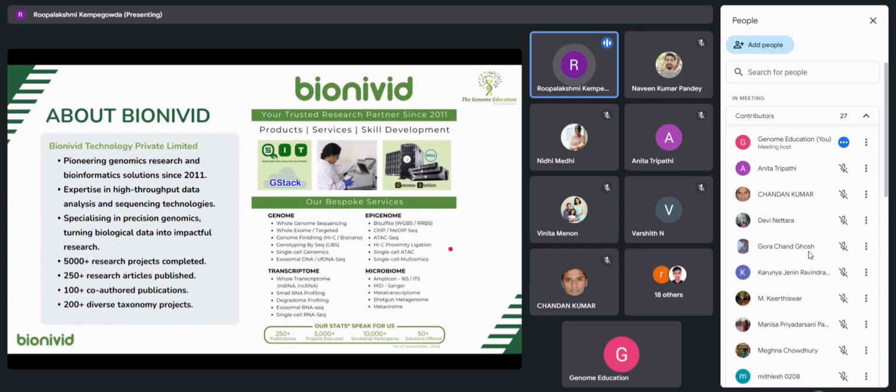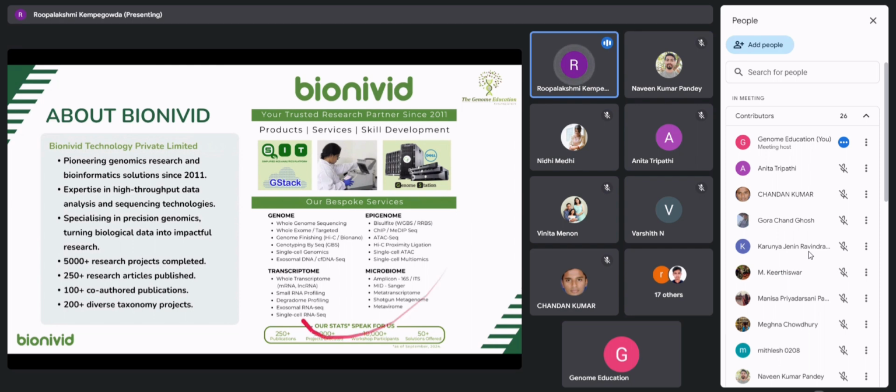Basically, I can say BioNavid is a one-stop solution where we guide scientists, anybody, on how to collect the sample. We even help with experimental design. If they tell us their objective, what they want to achieve, and what material they have, we hold their hand from experimental design till publication. It's a one-stop solution for scientists. And when PhD students or a project comes, we train people in all the steps in genomics.